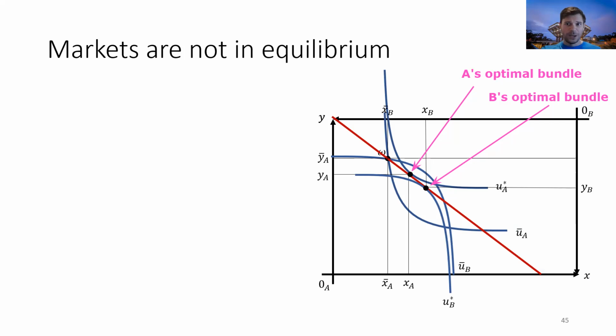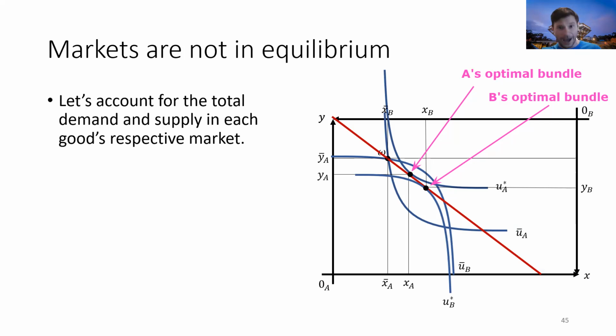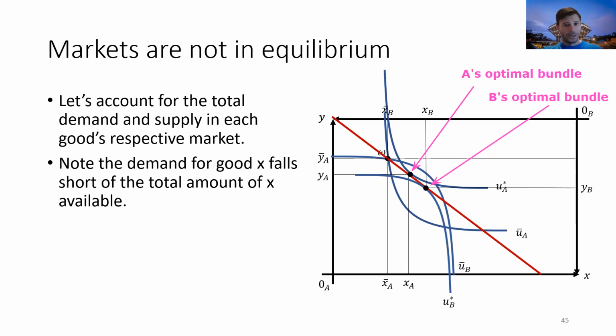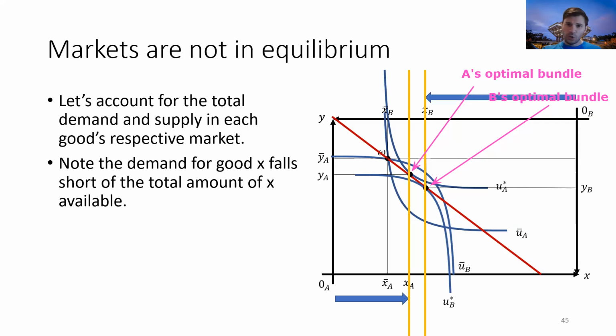Okay, so what we should be able to see here is if we wanted to think about the total demand and the total supply in each market, the market for goods X and Y. Well, if we look at the market for good X for a minute, we can see A demands XA, B demands XB, right? But do those demands actually take up the entire width of the Edgeworth box? Answer is what?